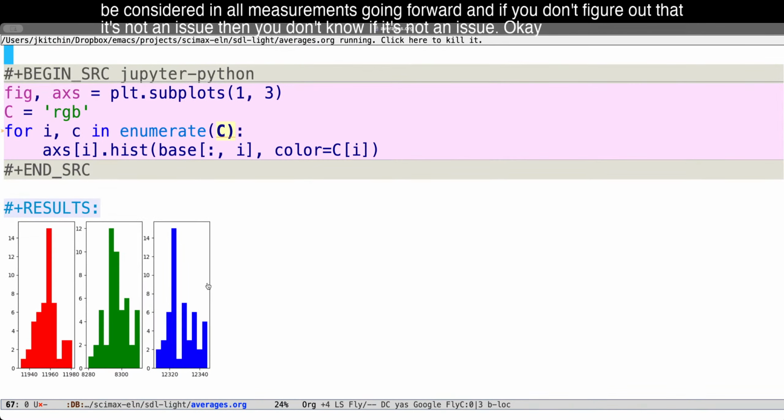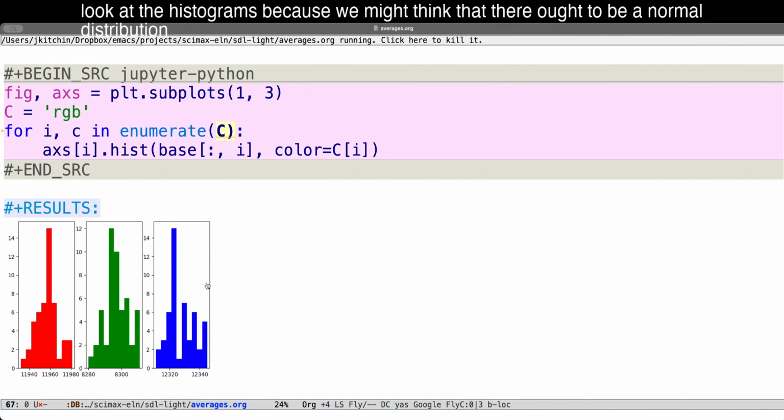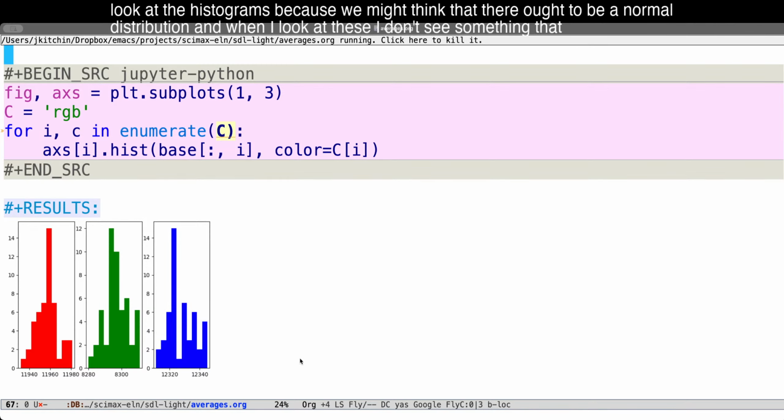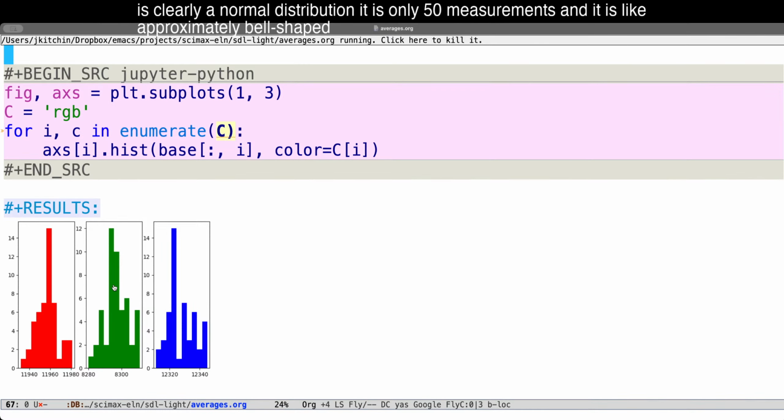Okay, we can also look at the histograms because we might think that there ought to be a normal distribution. When I look at these, I don't see something that is clearly a normal distribution. It is only 50 measurements, and it is approximately bell-shaped. There is a maximum in the middle, and there are some tails on the ends.